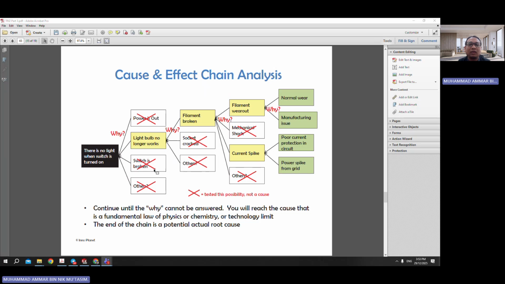So we may eliminate these possibilities and look at other causes. There may be other issues regarding other factors, for example, the light bulb. So we may maintain this: the light bulb no longer works. It may focus either on the light bulb issue or the body of the light bulb. So these two may be causing the main situation.